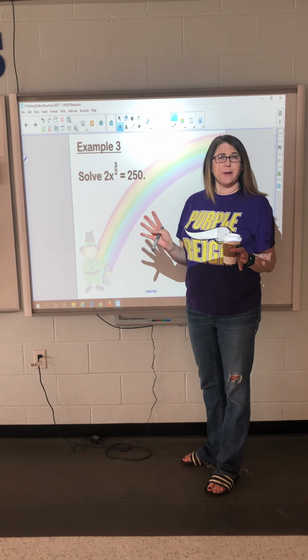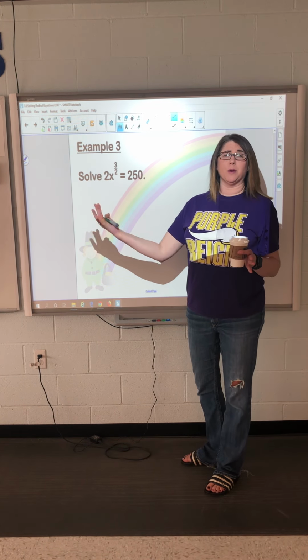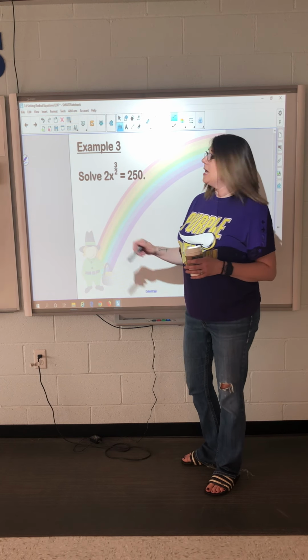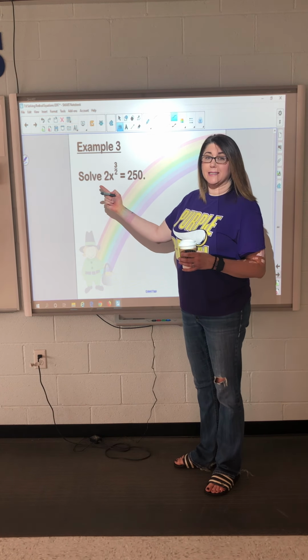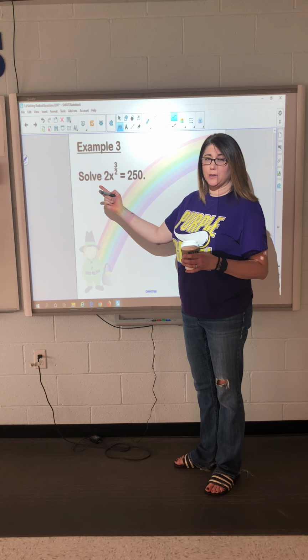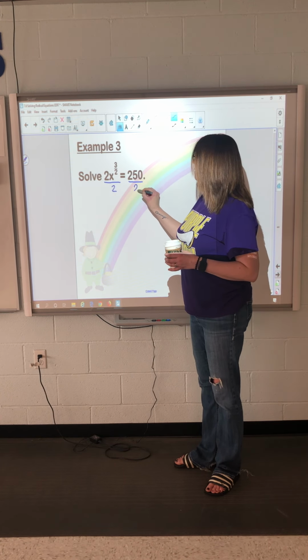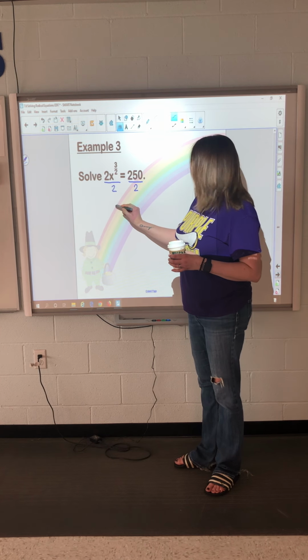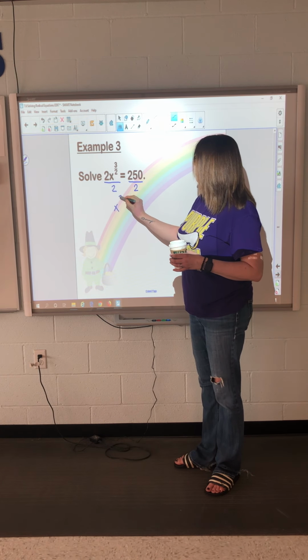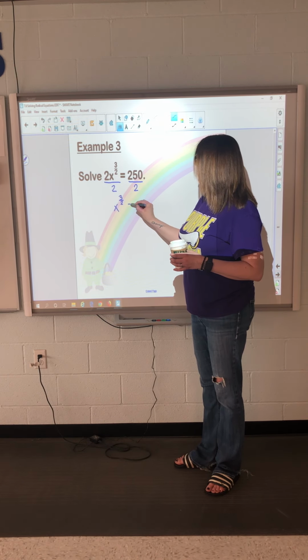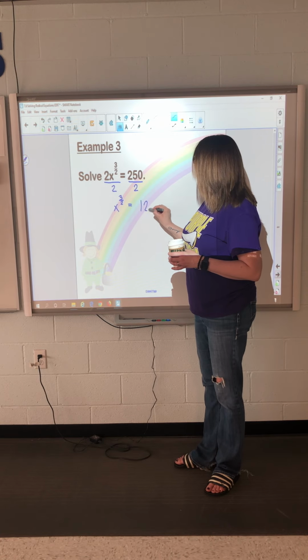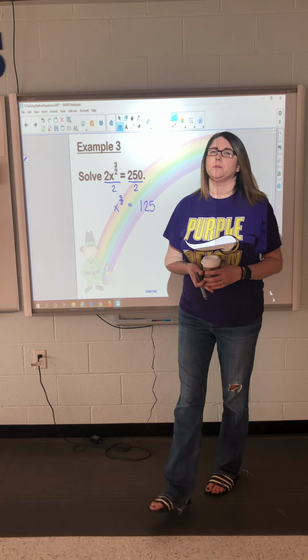But before I can worry about that, I need to get rid of the number that's being multiplied by that, and that's that 2. And so since I see multiplication, we're going to do the opposite, which is division. And we're going to divide both sides by 2. So now I have x to the 3 halves power equals 125.